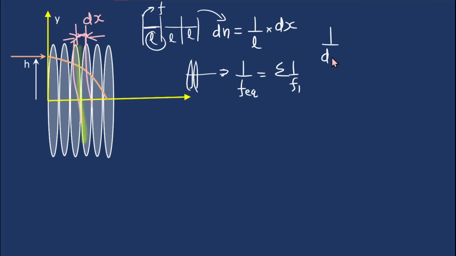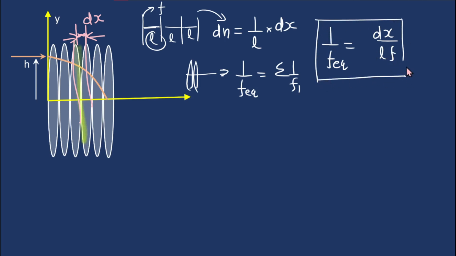So 1 by f equivalent in this length dx is going to be equal to the focal length of one lens, that is 1 by f, multiplied by dn, right? Because we have to add this 1 by f dn times. So this will become dx by l times f, right? So one result is here that we are going to use for our calculation.